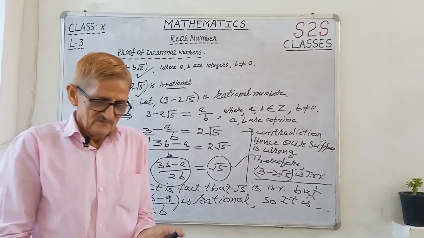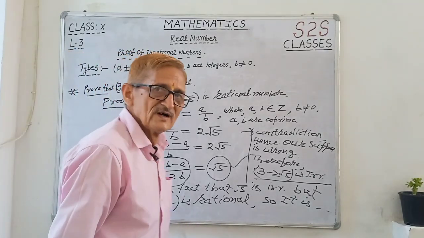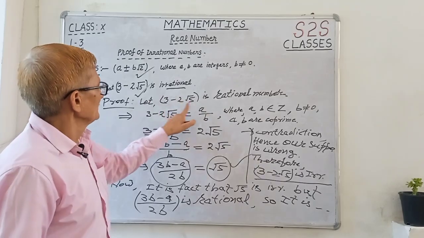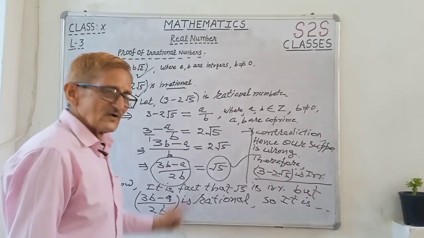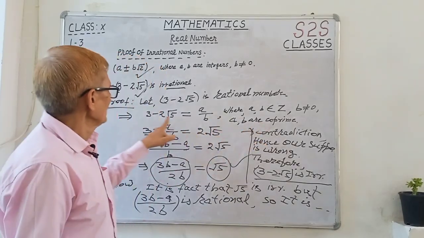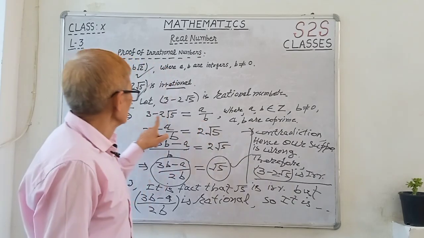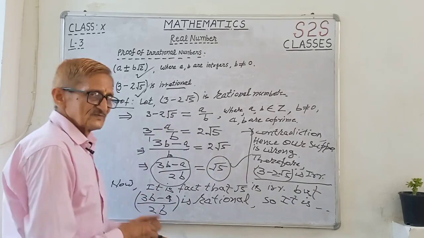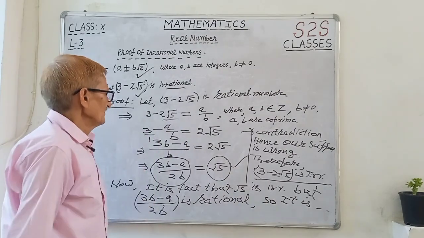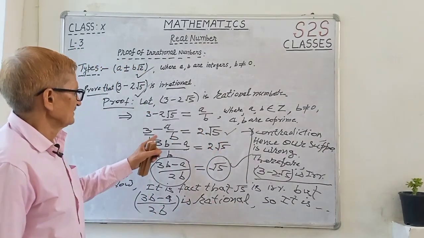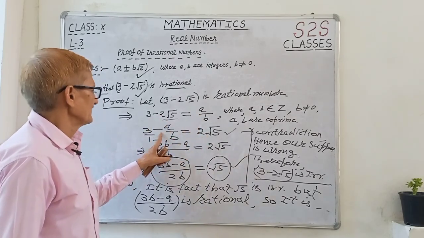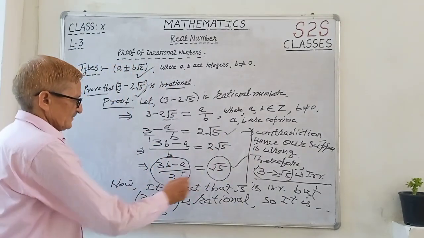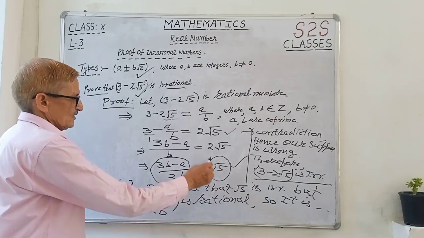So like this we can prove this type of irrational number. Have a careful look at what we did here. We assumed 3 minus 2√5 to be rational, and the definition of rational says it should be in the form a/b. So 3 minus 2√5 is equal to a/b. After that, which is the irrational part? The irrational part, this term, take on one side and the other two terms on the other side. So 3 I keep here, and a/b becomes minus a/b, and minus 2√5 becomes plus 2√5 on the right-hand side, and solved by taking LCM. After solving we got this, and √5 alone, 2 again in the denominator.